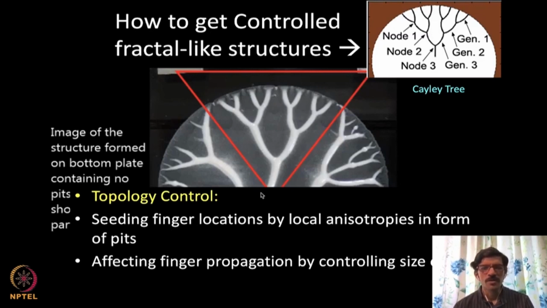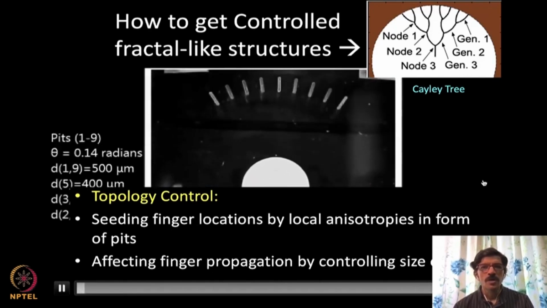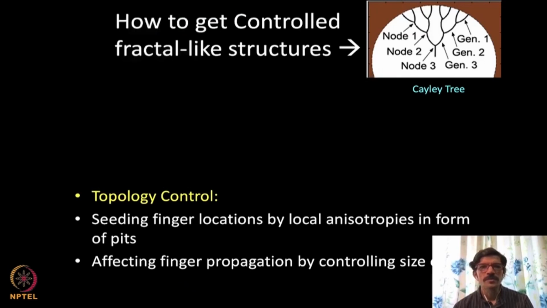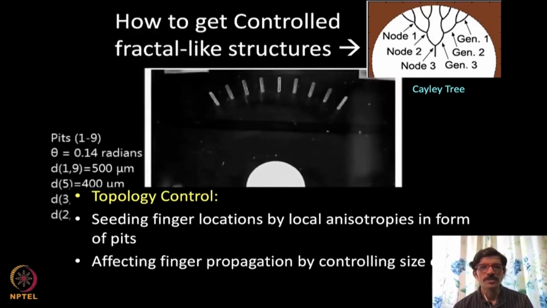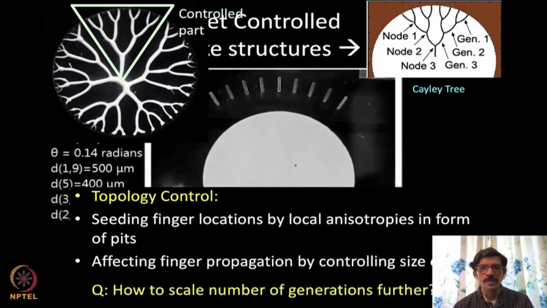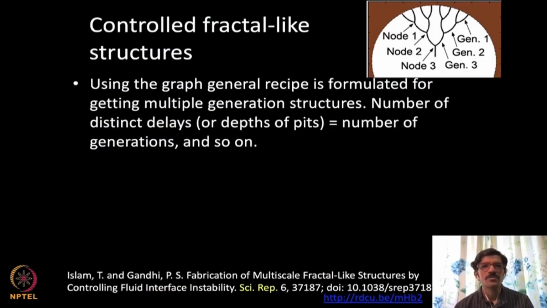I'll show you how this entire process goes in a minute. Now let's see this topology coming up. One can see that this can be scaled further and used to do a lot of different things.